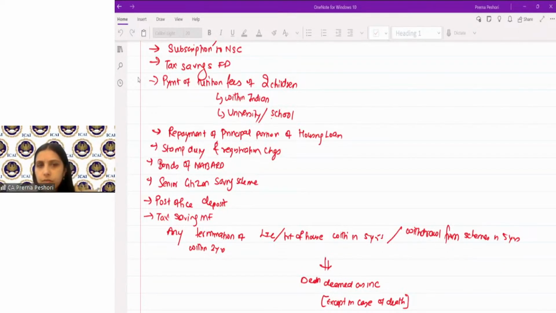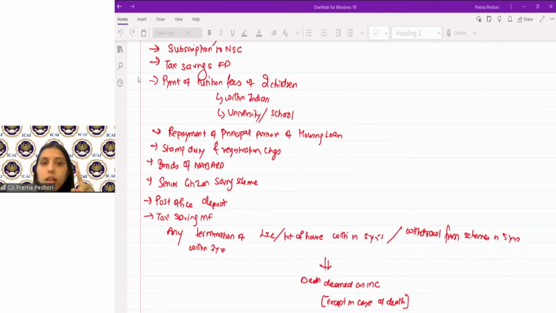Any sum which is received. So any sum received under a life insurance policy is exempt. What is not exempt under 10(10D)? Keyman insurance policy is not exempt, right?